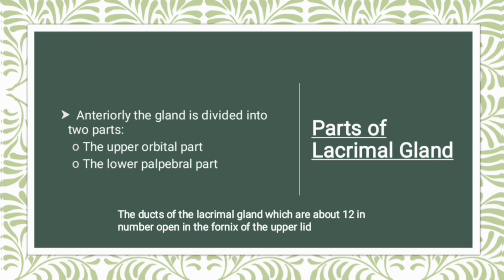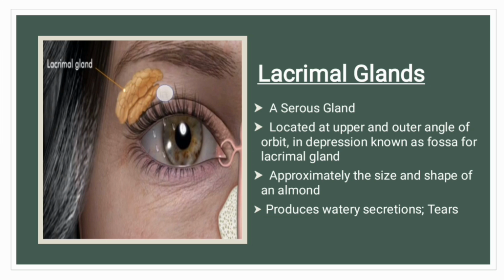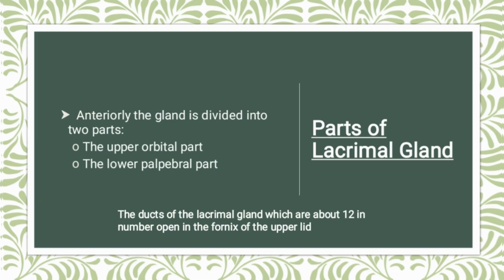Okay, so we have some parts of the lacrimal gland as well. Over here, you can see anteriorly the two parts, right? One is the smallest one, and the other one is the biggest one. So, what are these parts? Let's discuss. Anteriorly, the gland is divided into two parts. Basically, the gland is a single one.